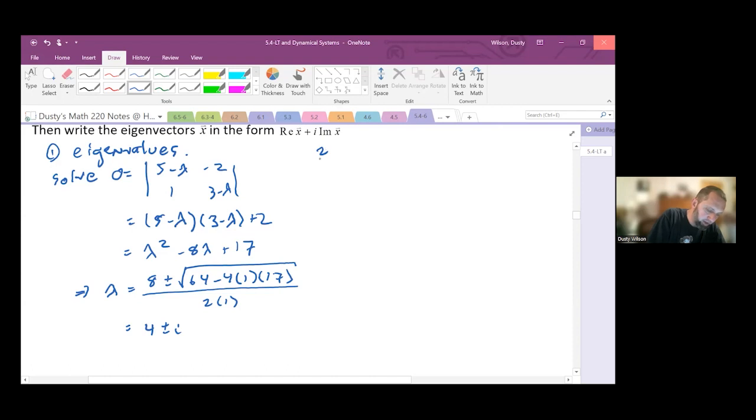Part 2. Now we need to find the eigenvectors. To find the eigenvectors, we need to find the null space of A minus 4 plus or minus i times I. We'll start with the plus, 4 plus i times I, which would be 1 minus i, minus 2, 1, 1 minus i, like that.